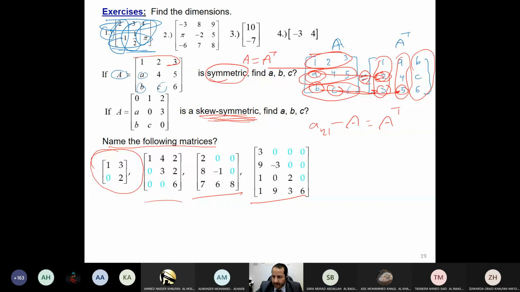So now, let me summarize. Today, we defined the matrices, where they came from, and what is the point behind matrices. Later on we will use matrices to easily solve sets of linear equations, differential equations, and mathematical problems.